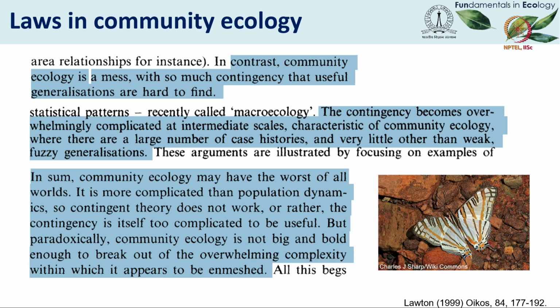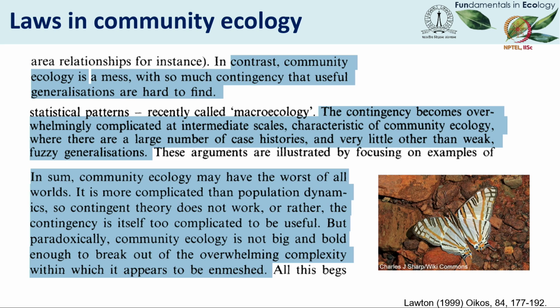because if you look at processes and patterns of one community and you try to explain how that community is structured, you are asking what are the mechanisms underlying this community, and then you say, okay, I understand the processes that structure this community, and I look at another community, it could be completely different processes that are structuring that community. And so John Lawton says that there are no laws in community ecology.